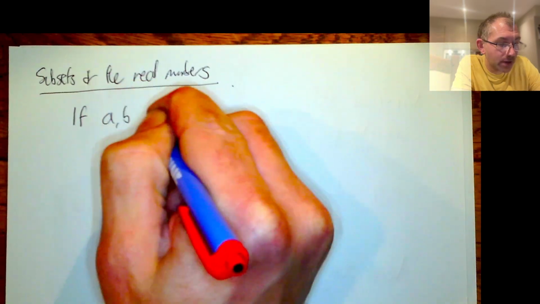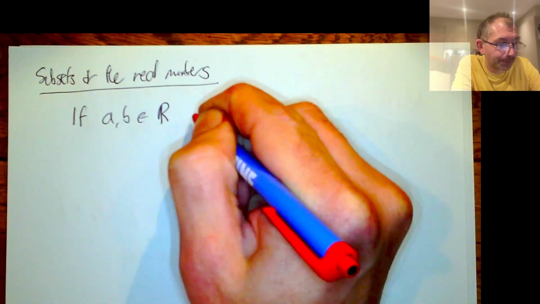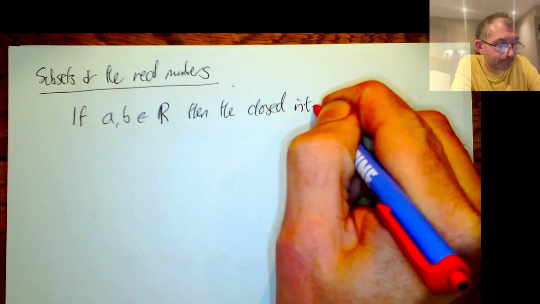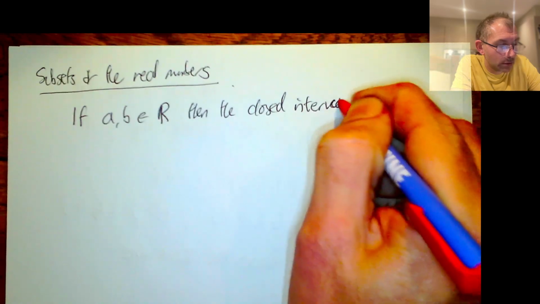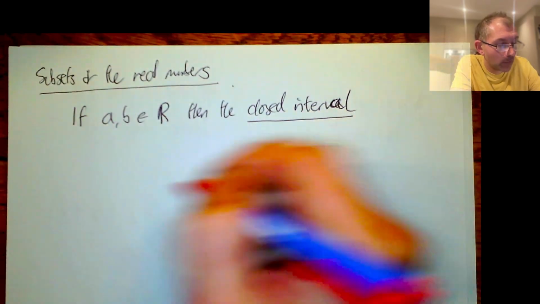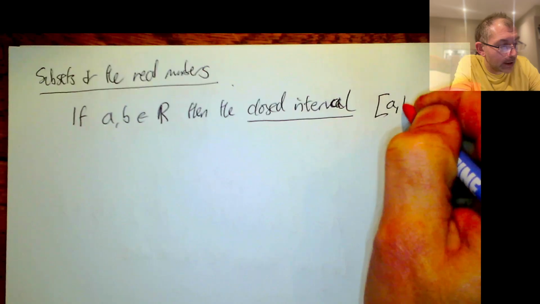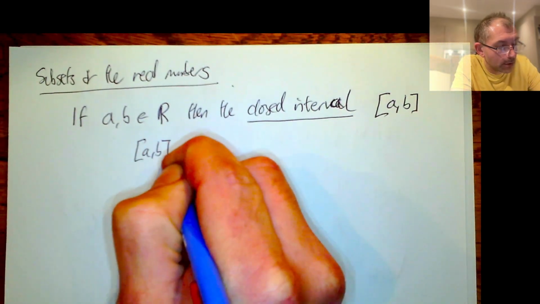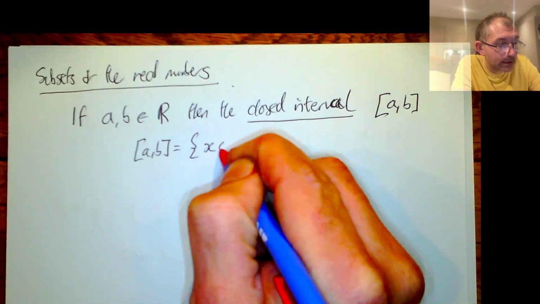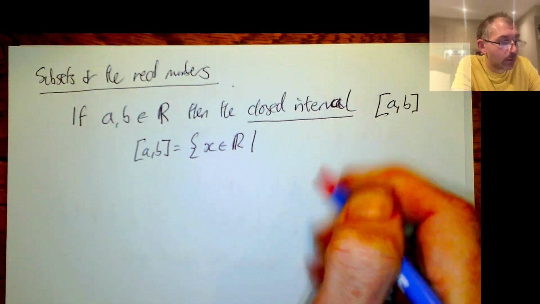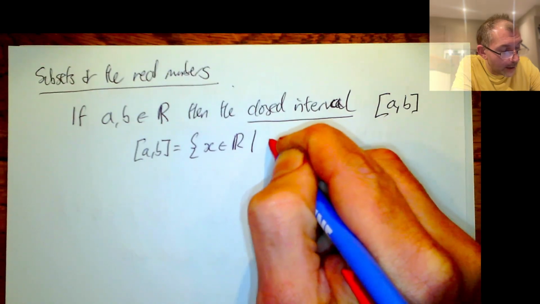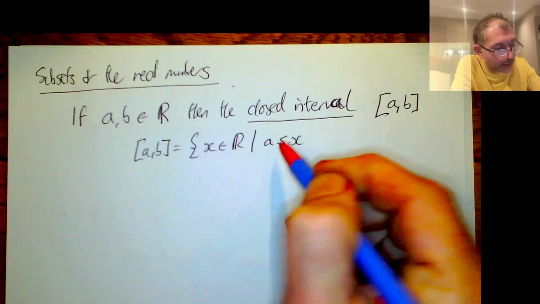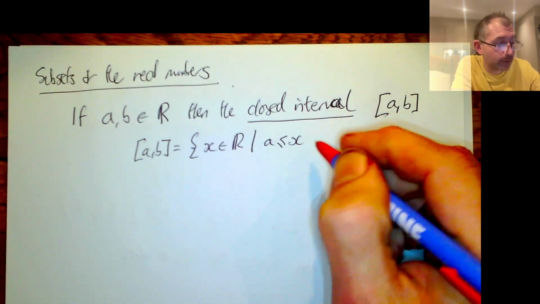If a and b are real numbers, then the closed interval, written [a, b], is the set of x such that x is a real number, and we want a to be less than or equal to x, so we want x somewhere between a and b, but we're including the endpoints here.